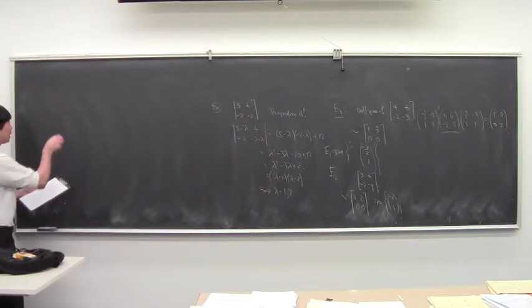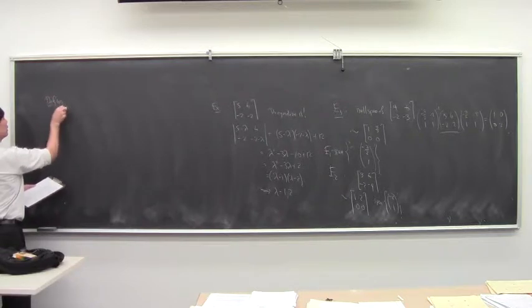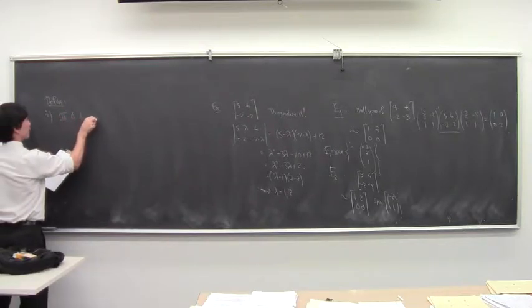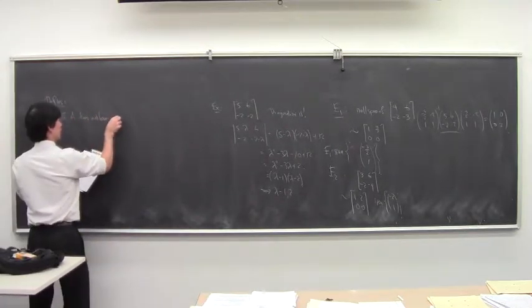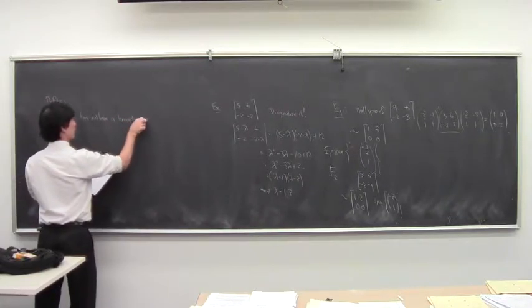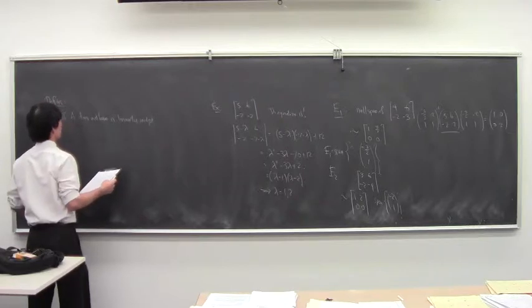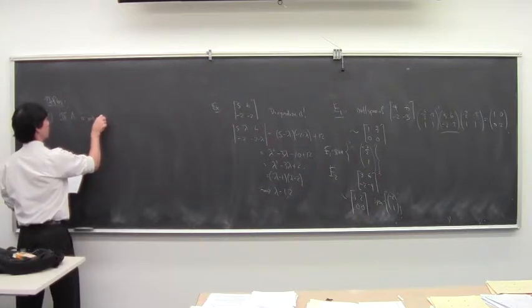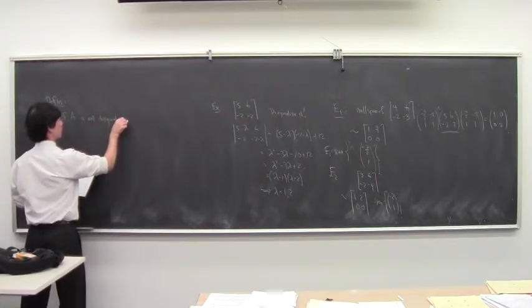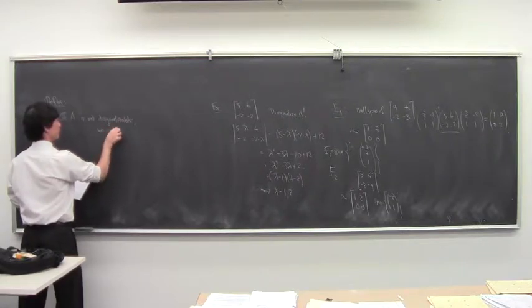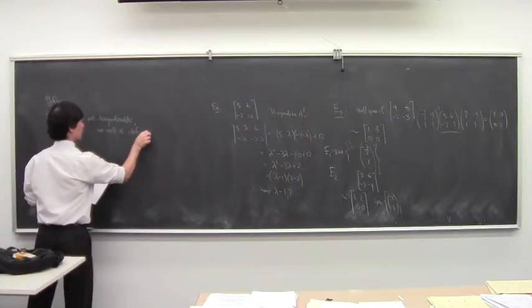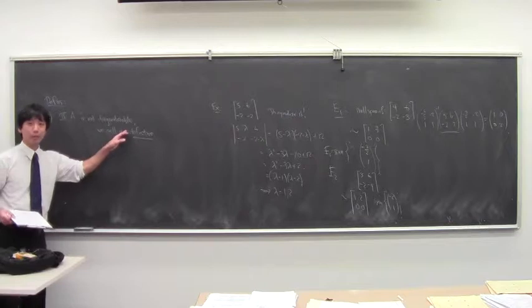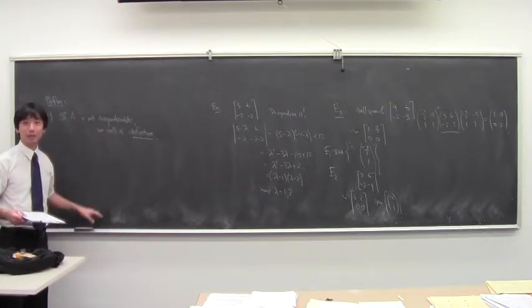Okay. A bunch of definitions. First, if A does not have n linearly independent eigenvectors, if A is not diagonalizable, we call it defective.